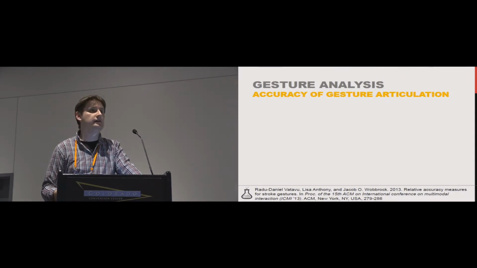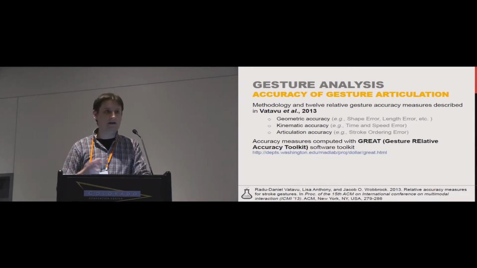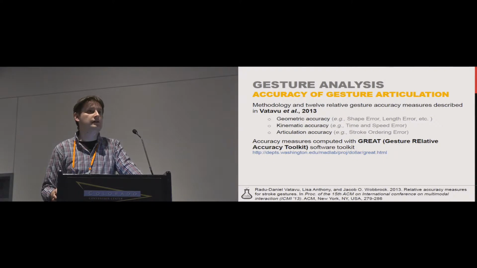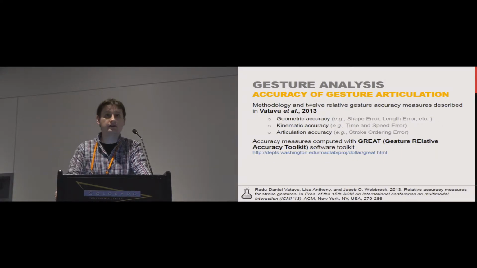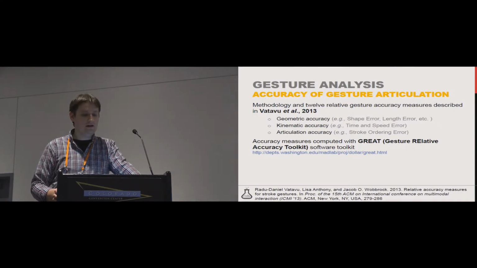I've also looked at the accuracy of gesture articulations for the gestures produced by the two groups. And this time I've used another methodology and another set of measures, again work done a few years ago, co-authored with Lisa Anthony and Jake Wobrock.